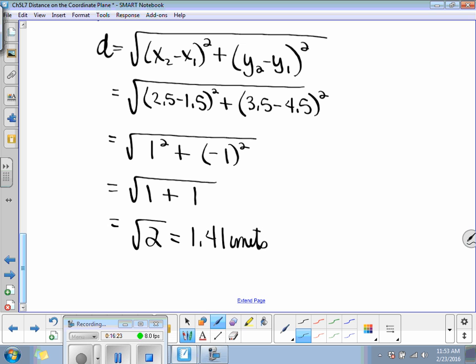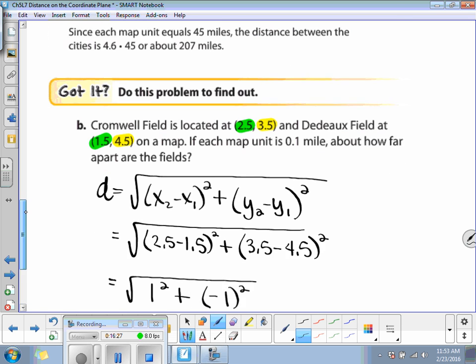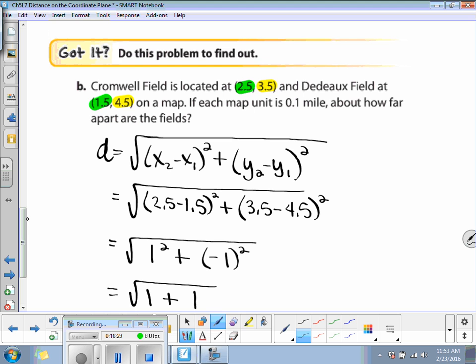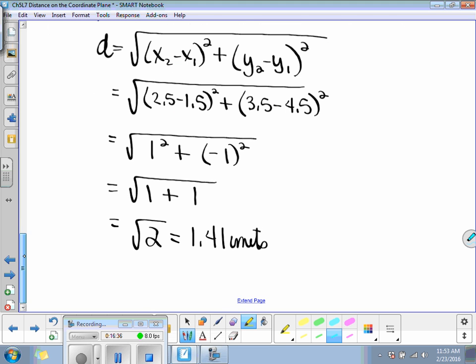But is that my final answer? No, because it says that each unit is how much? Right. Each unit is 0.1, 1/10 of a mile. So now I have to take this and multiply it times. Let's do it like this.